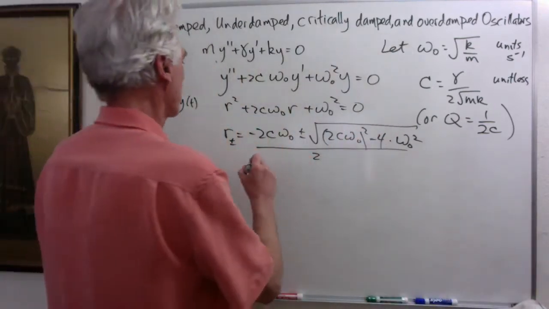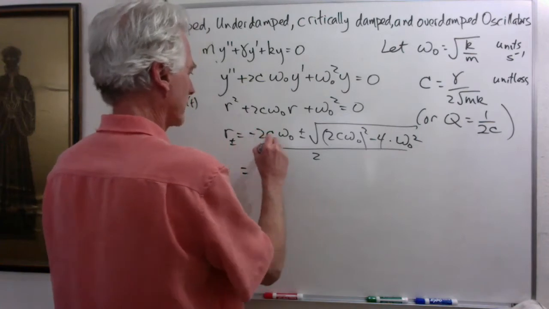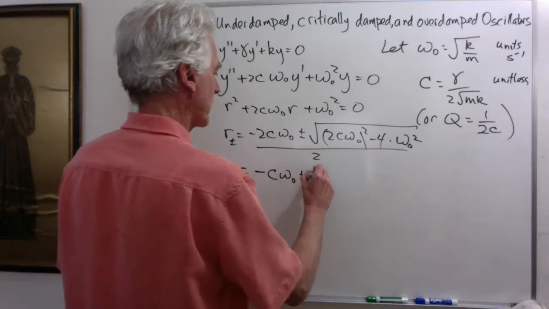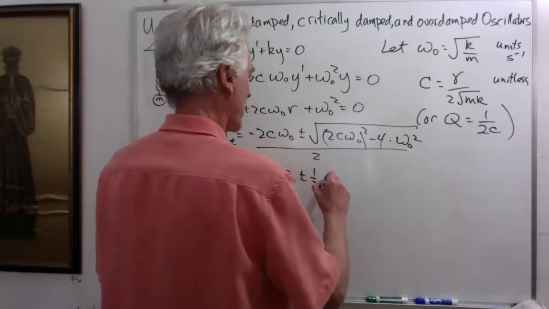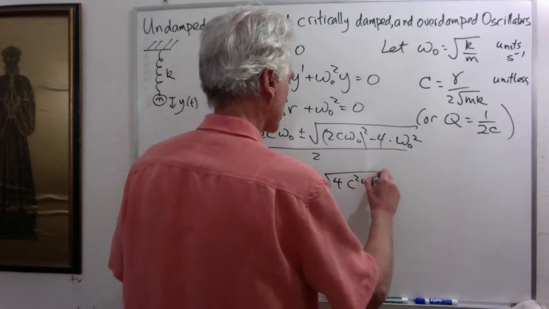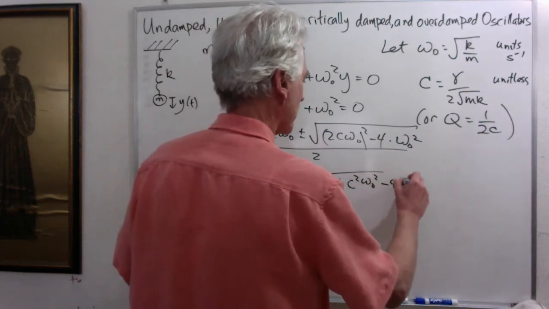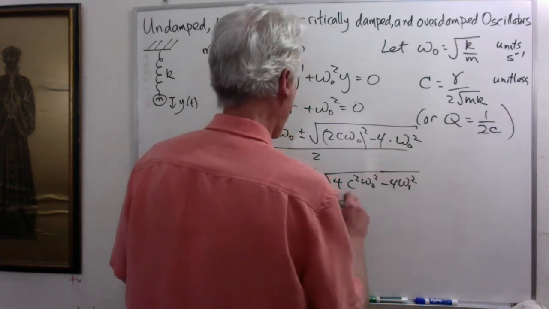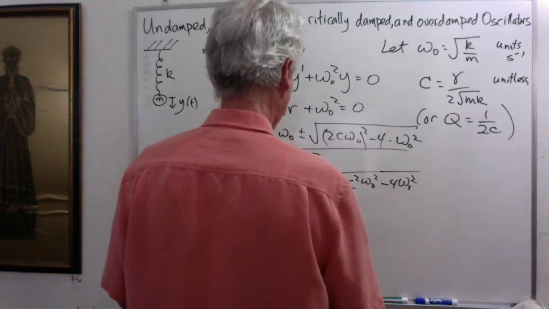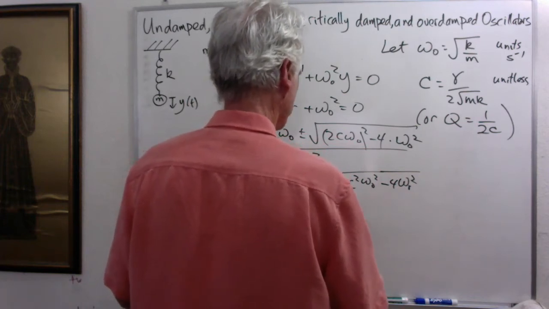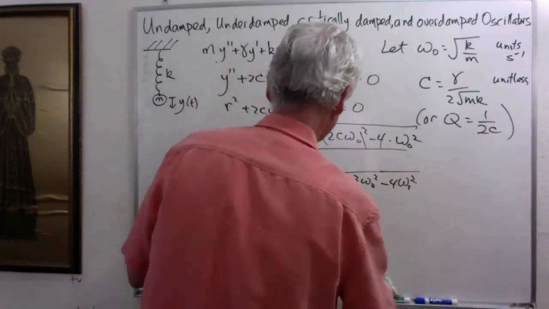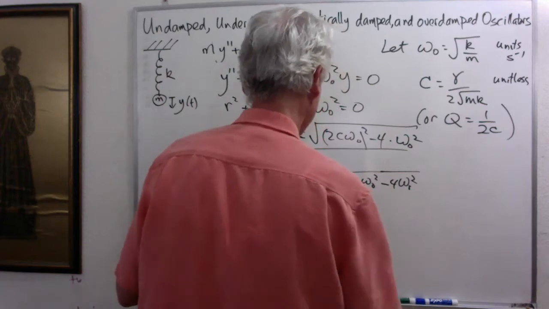Okay. So let's cancel the 2's. I get minus c omega naught. And I get plus or minus a half times, what is this thing here? I get 4 c squared omega naught squared minus 4 omega naught squared. Okay, I can factor out a 4 omega naught squared.